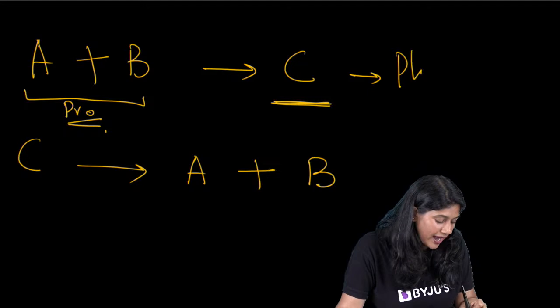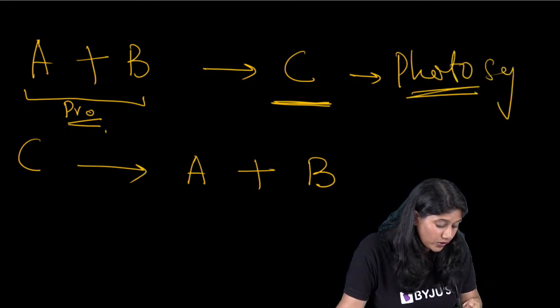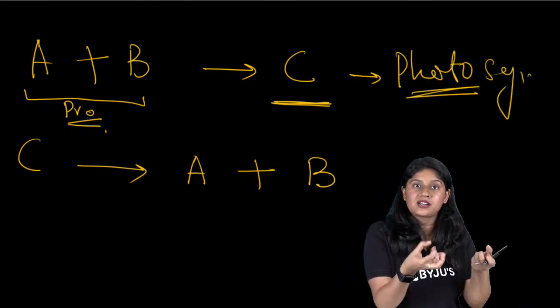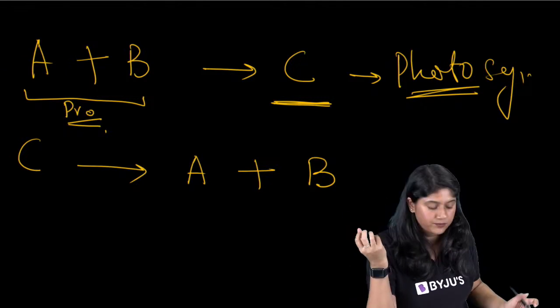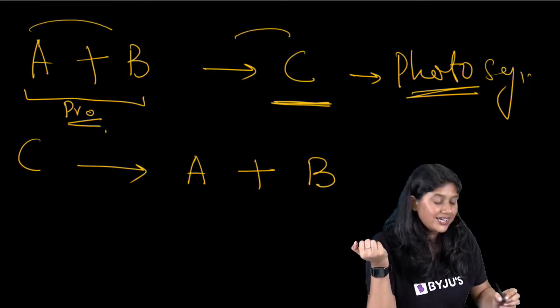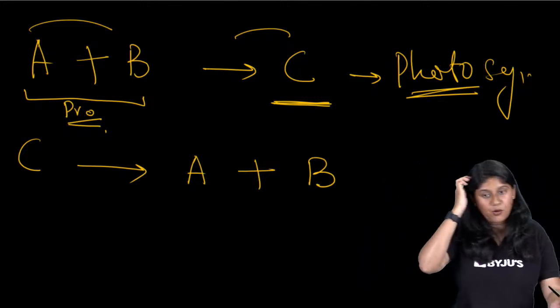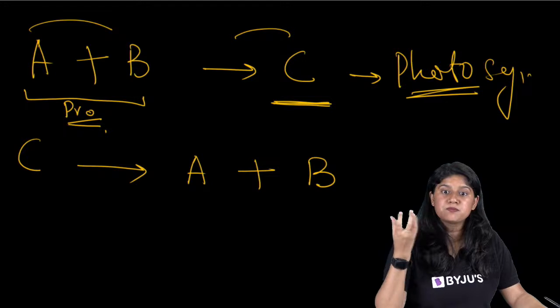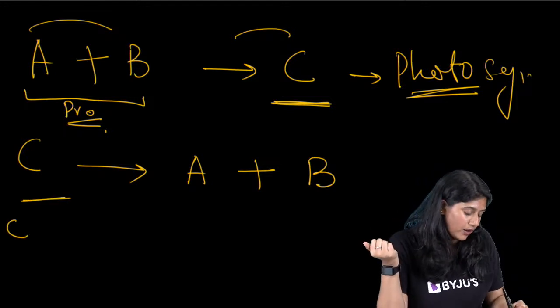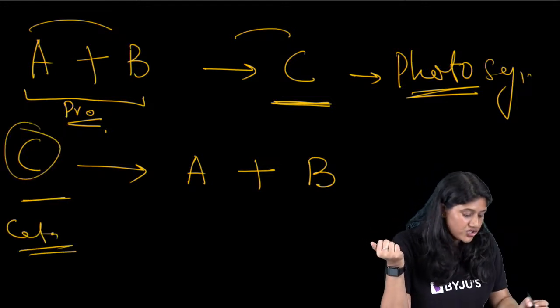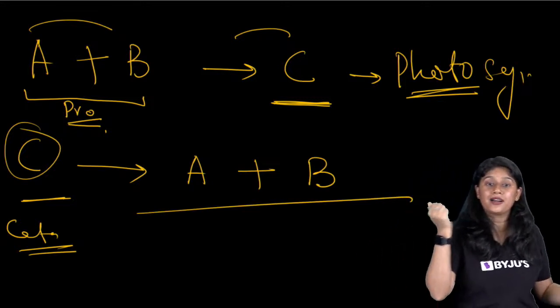The greatest example is photosynthesis, where the raw materials come together and give the result. So this is an anabolic reaction. Something is being formed. In catabolism, the larger molecule is broken down into smaller particles.